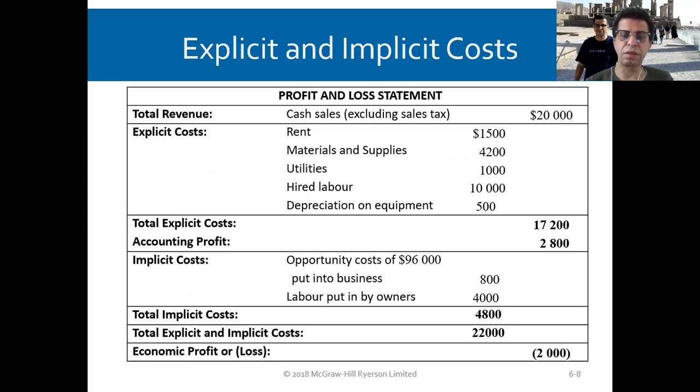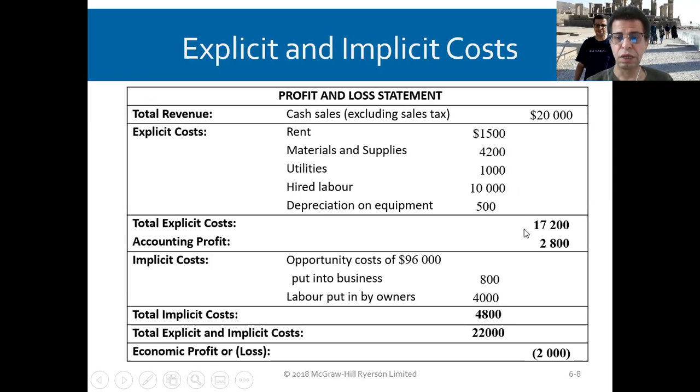In the accounting approach, you count only explicit costs, but in economics it's explicit plus implicit costs, or opportunity costs. So in the accounting approach, say total revenue is $220,000, and you paid rent, you paid for the suppliers, utilities, hired laborers, and there's depreciation of your equipment.